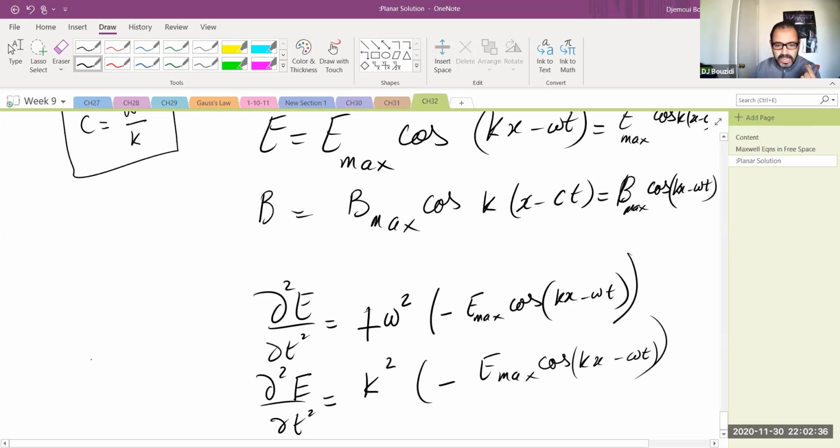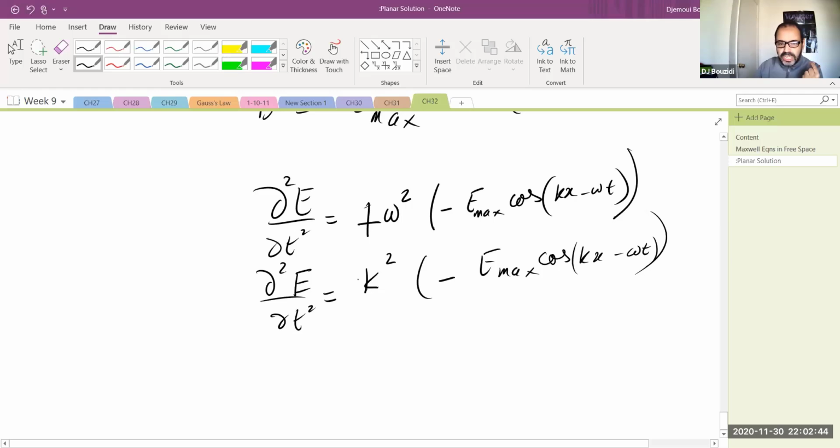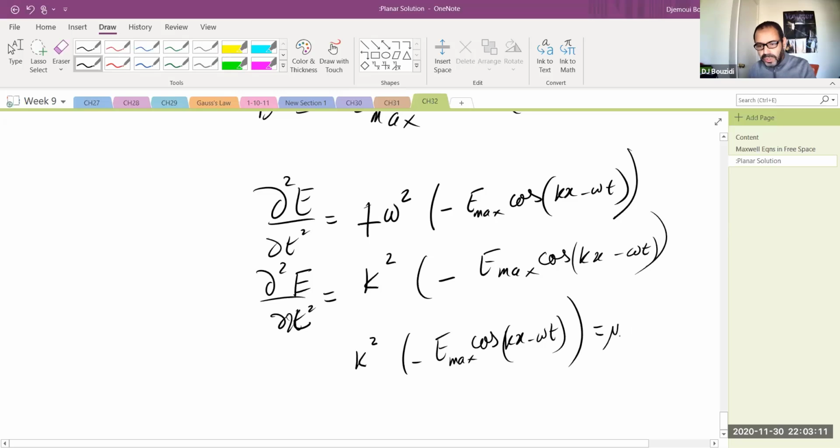This is multiplied by mu naught epsilon naught, which is 1 over c squared, by the way.